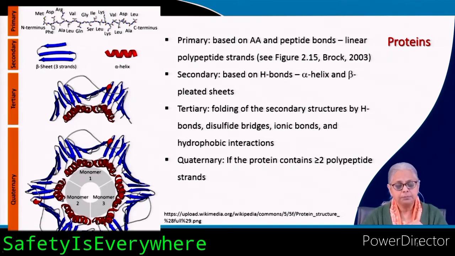Now these pleated and helical structures are going to again be folded to form the tertiary as well as quaternary structures. The quaternary structures are formed only when there is more than one polypeptide strand. So hemoglobin, like I already said, has 3 polypeptide strands.